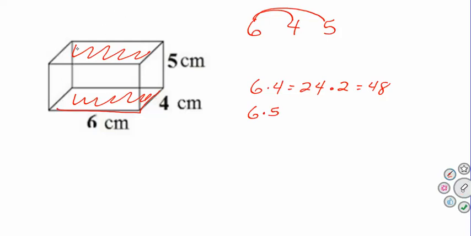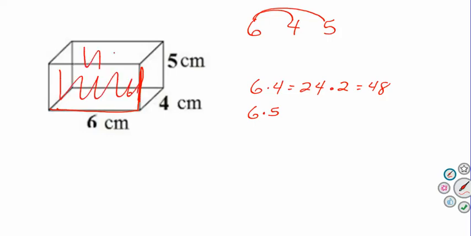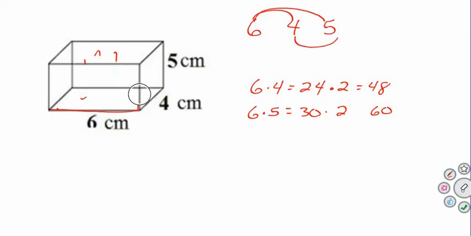The next one is 6 by 5, here is 6 and here is the 5. So this is my front and then my back, 6 by 5. So that's 30 times 2 is 60. And the last one is 4 by 5, which is going to be my sides here. 4 by 5, which is this part here, and then this part over here.